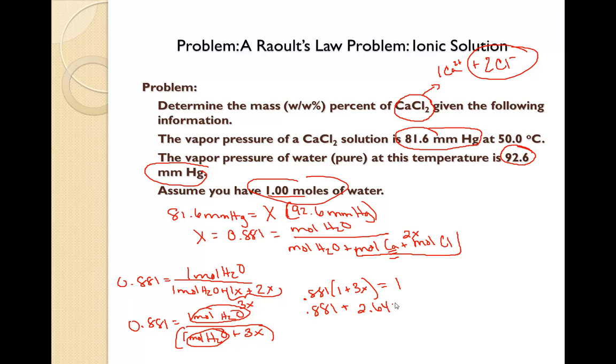X is equal to 1. We're going to subtract both sides by 0.881. And that comes out to be 0.119. We're going to divide both sides by 2.64 to get x by itself.